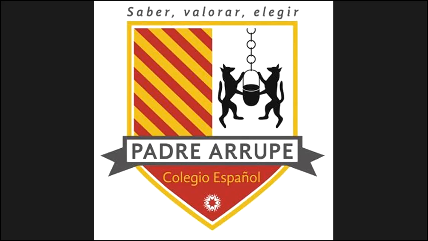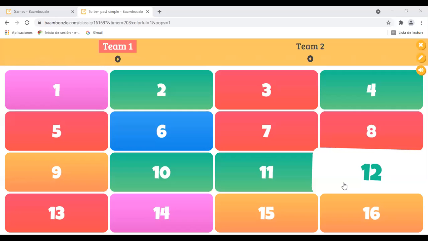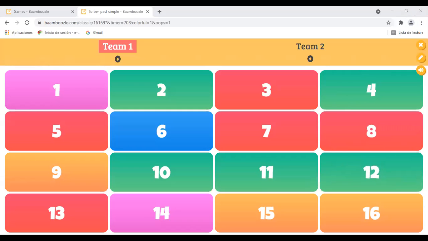Okay, and the last activity that I have for you guys regarding the review of this particular structure, I'm sure that you have played this game before. I'm going to divide you into 2 groups, right?